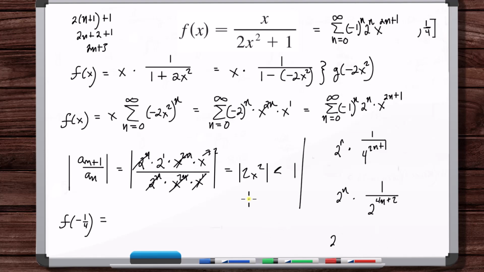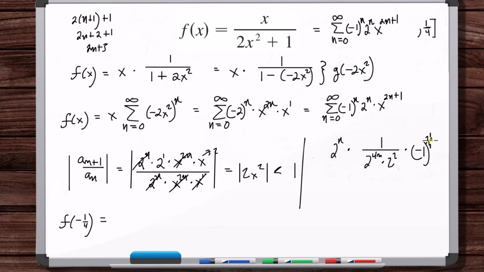So now let's just focus here. We have 2 to the n, and then 4 to the 2n plus 1, so it's going to be 2 to the 4n times 2 squared again, but then minus 1 to the 2n plus 1. So minus 1 to the 2n plus 1 times minus 1 to the n is minus 1 to the 3n plus 1.